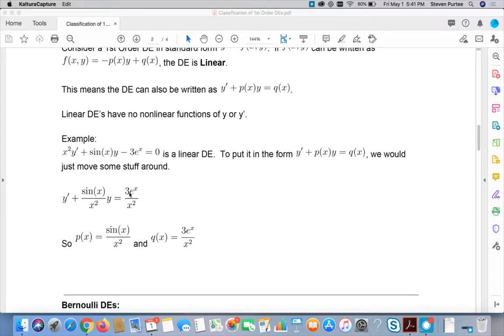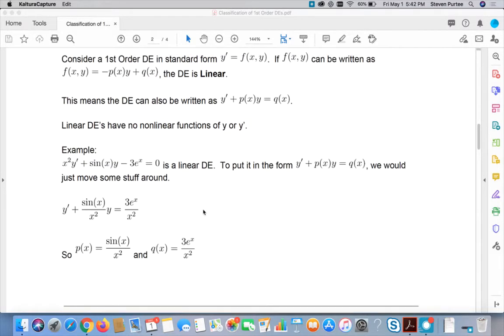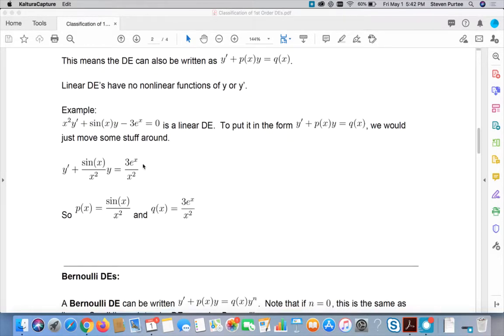Move this guy here to the other side. So this sine of x over x squared is what we would call p of x. And this guy here is what we'll call q of x. Again, we're not solving any of these DEs yet. Nothing here is a solution. We're just writing this in a special kind of form, so that when we go to solve it, it'll be a little easier.